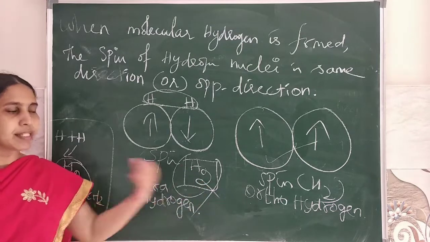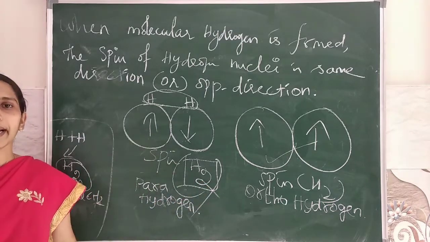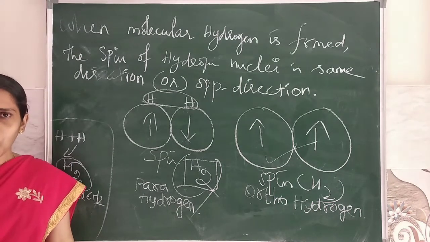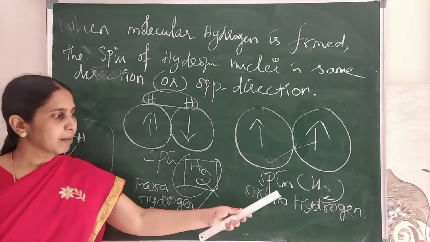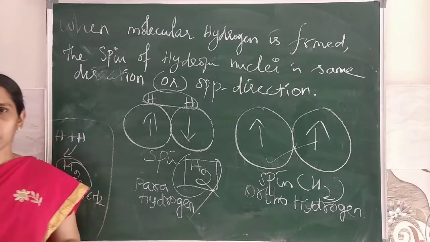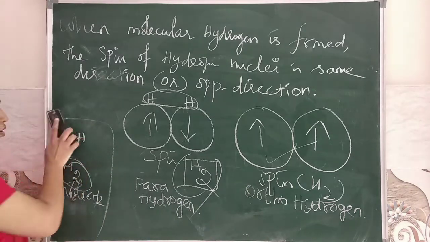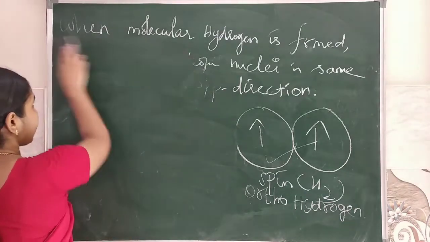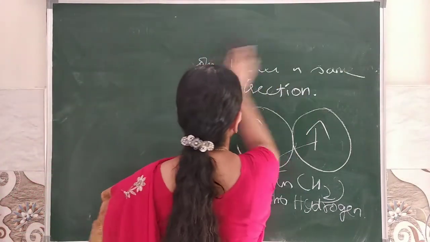So out of these two, orthohydrogen is more stable. When the temperature is lower, parahydrogen exists. Okay, students, so what is orthohydrogen and what is parahydrogen? You have to write the definition correctly.